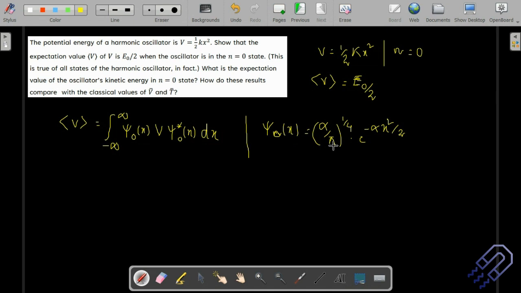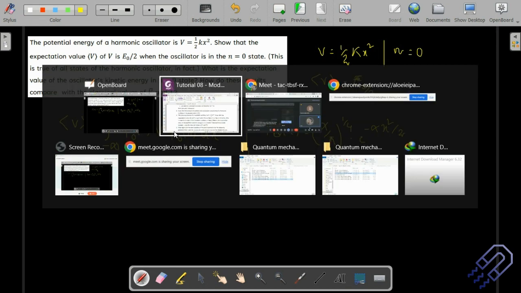So now what I have is psi, and we have V. Now we have to integrate this.